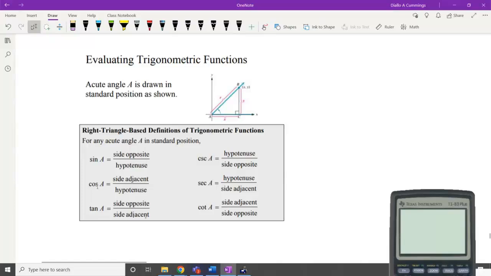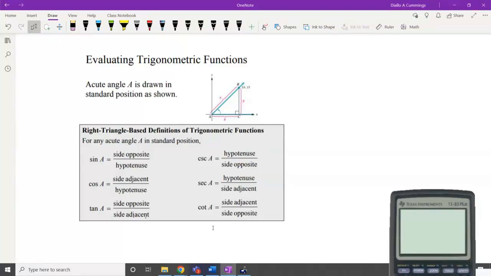The reciprocal of cosine is secant. The cosine is the adjacent over the hypotenuse, and the secant is the hypotenuse over the adjacent. And lastly, the reciprocal of tangent is cotangent. Tangent is the opposite over the adjacent, and cotangent is the adjacent over the opposite.